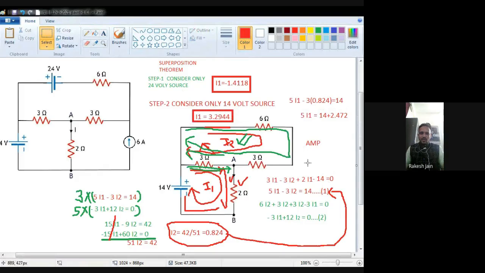And what is the constant of the first equation for I1? That is 5. So multiply the second equation by 5. So what will happen? 5 multiplied by 3, that is 15 I1. 14 multiplied by 3, that is 42.